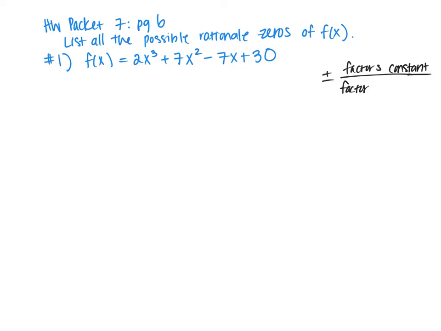I'm just going to write that as LC, just for abbreviation. So what I have here is, it looks like 30 is our constant. So I have to find factors of 30, and our leading coefficient, which is in front of the x to the third power, is 2, so that's my leading coefficient. So I have a plus and minus. Make my fraction here. I gotta go find factors of 30.